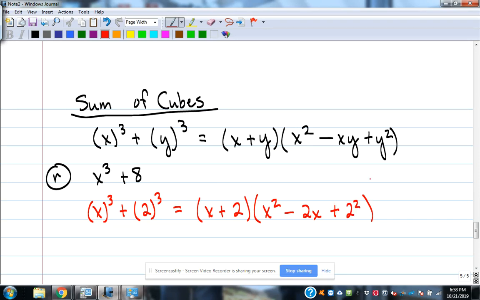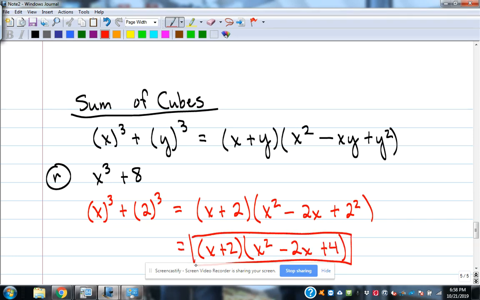But we know 2 squared is what? It's 4, right? That's the factored form. That's as far as you can go. If it's a sum or a difference of cubes, the long factor will never factor any further.